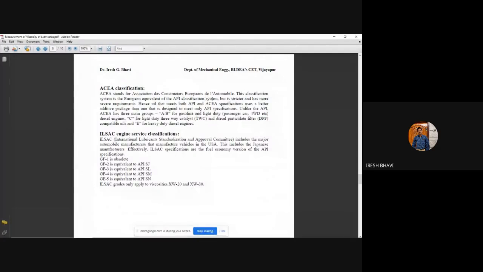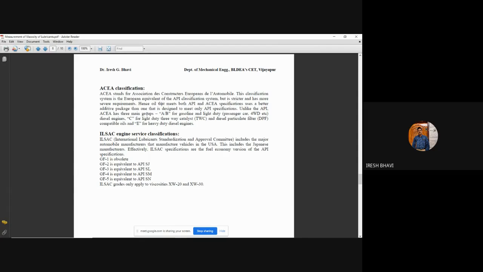This is used in Europe, whereas API is used in America, whereas SAE is used widely in most of the countries, including India. But this ACEA is much stricter compared to SAE and API ratings, because ACEA is for very good performance of the engine and also very low pollution.